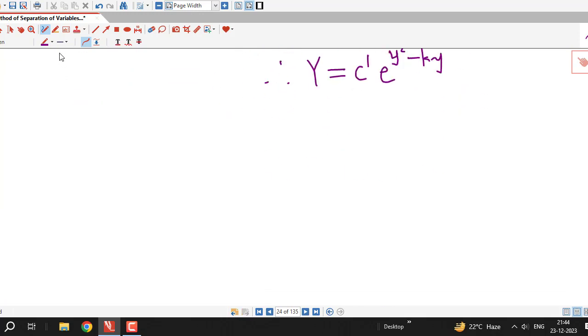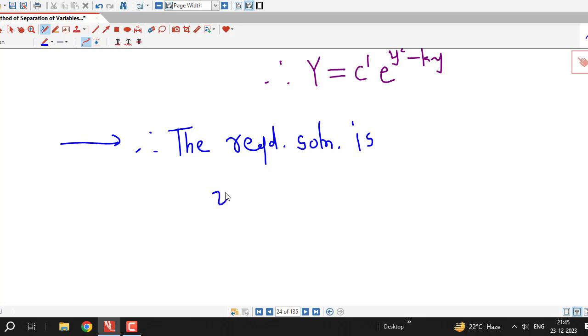And once we obtain these two functions, then we can write down the required solution. Therefore, the required solution is the product of these two functions, capital X and capital Y. It is u equals X into Y.